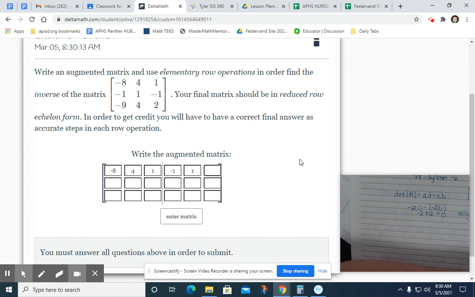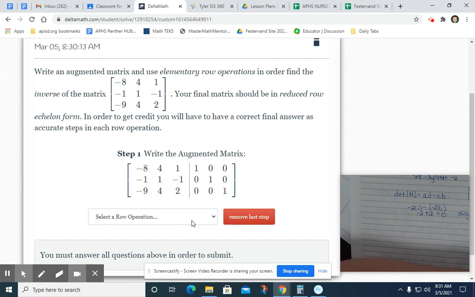The matrix on the right is going to be our identity matrix: 0, 1, 0, negative 9, 4, 2, 0, 0, 1. That's all we do? That's how you write the augmented matrix, yes.